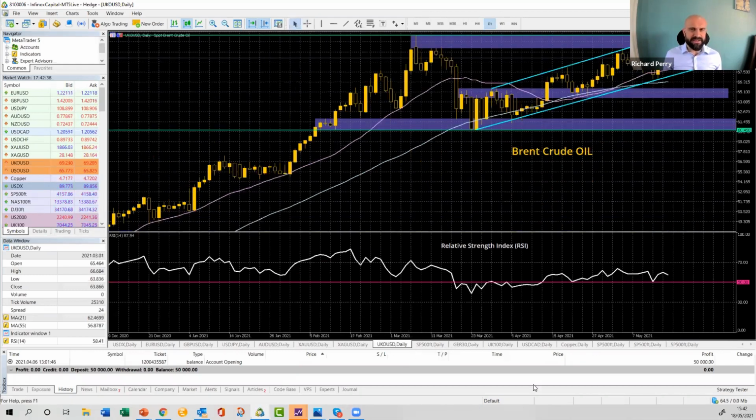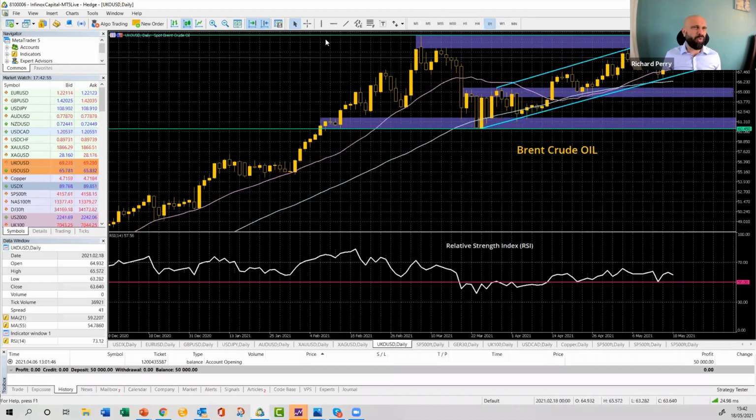And finally on commodities, oil. It's been a bit of a slow burn, oil. Again, this uptrend channel is fairly shallow, and if you look at the momentum of that move, it's above 50, but it's not all that strong.